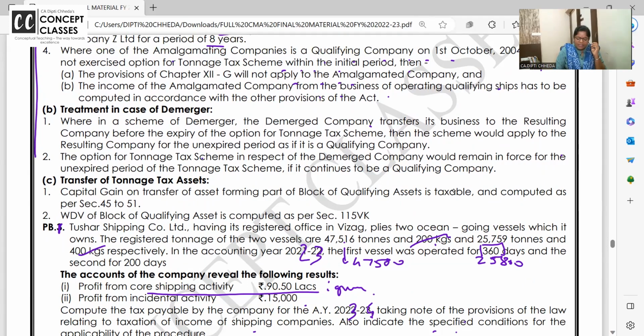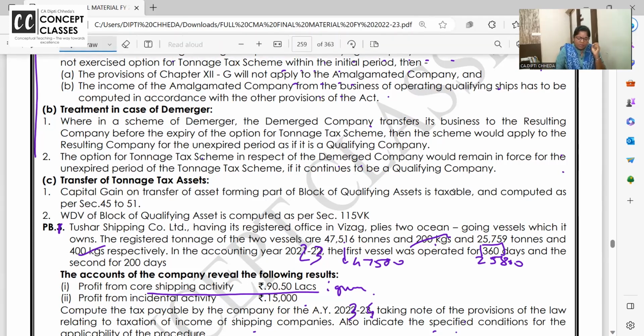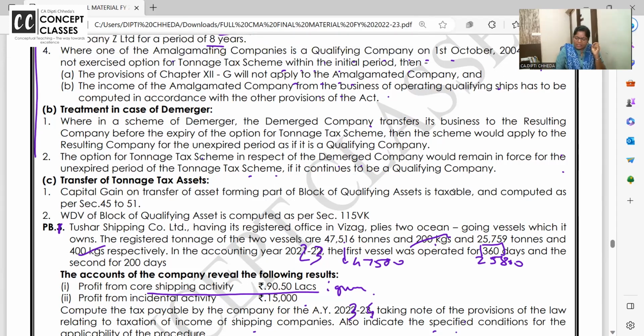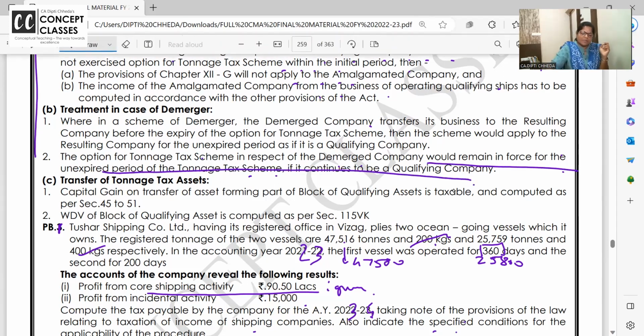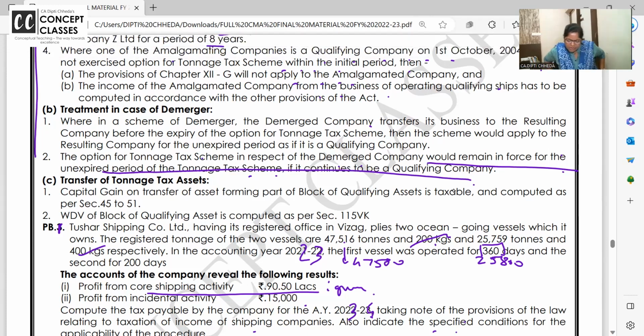The option for the tonnage tax scheme in respect of the demerged company would remain in force for the unexpired period of tonnage tax, if it continues as a qualifying company. तो बैलेंस ईयर्स के लिए डीमर्ज्ड कंपनी और रिजल्टिंग कंपनी जो भी है उसको अप्लाई होगा.